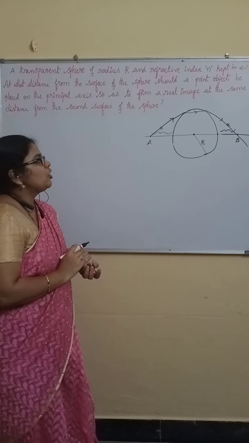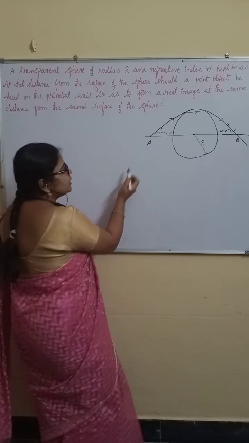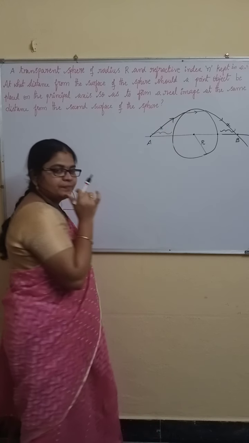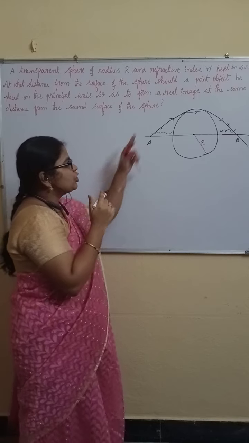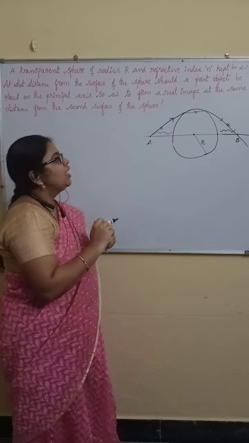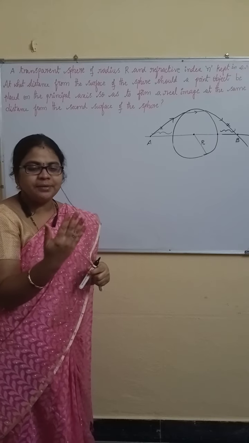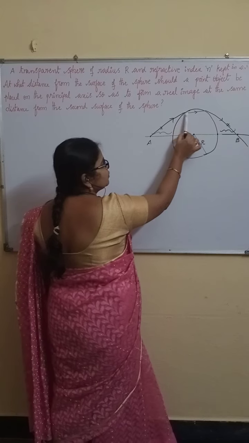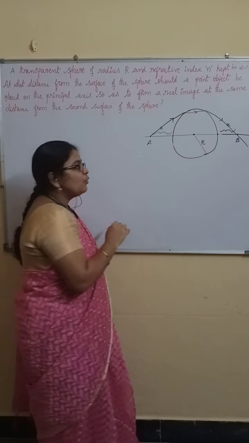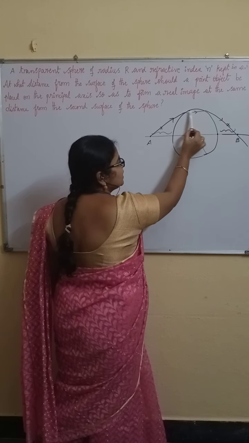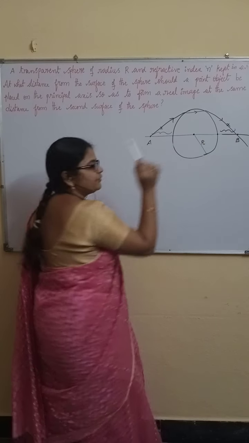Everyone, be cautious. This is the incident light ray for this curved surface, and there is a change in the medium. This is air, this is sphere. Because of the change in the medium, the light ray changes direction. Like this it is going. Now, for the second surface, this will be the incident ray and this will be the refracted ray.